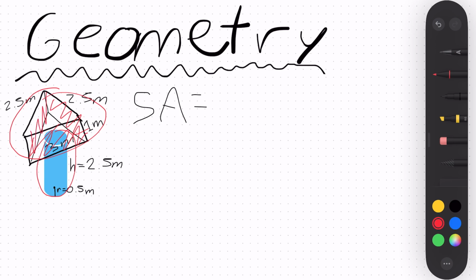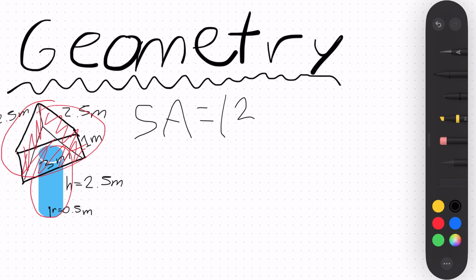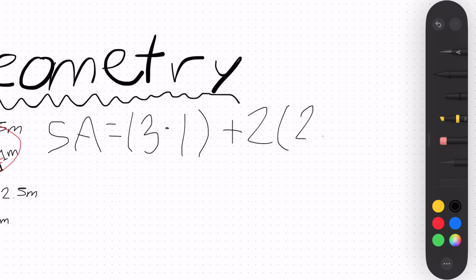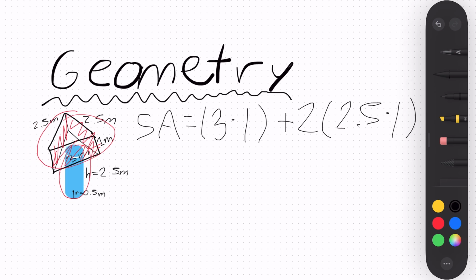And all we are missing are our base and our top. So, one of these sides is 3 times 1, and the other two are 2.5 times 1.